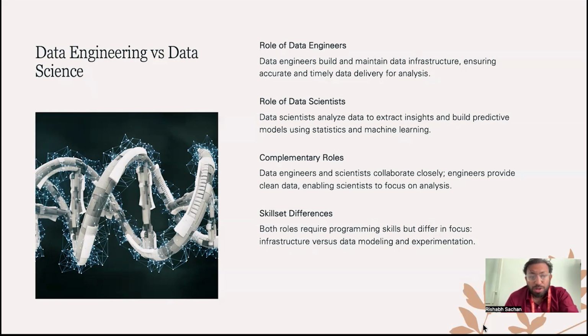And the role of data scientist is to analyze data to extract insights and build predictive models using statistics and machine learning. These are complementary roles. Data engineers and data scientists collaborate with each other. Engineers provide clean data, enabling scientists to focus on analysis. And the skill sets are different for data scientists and data analysts.